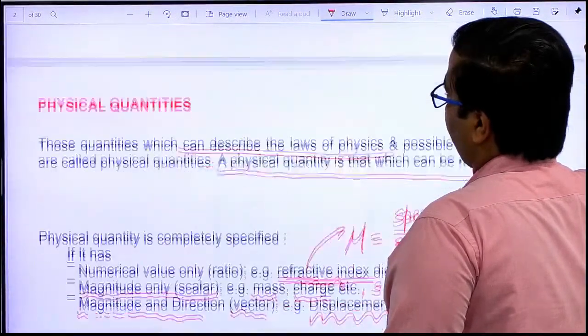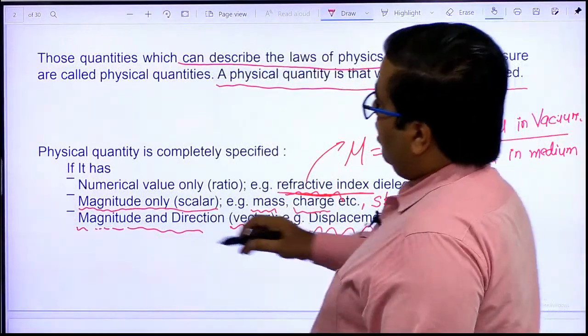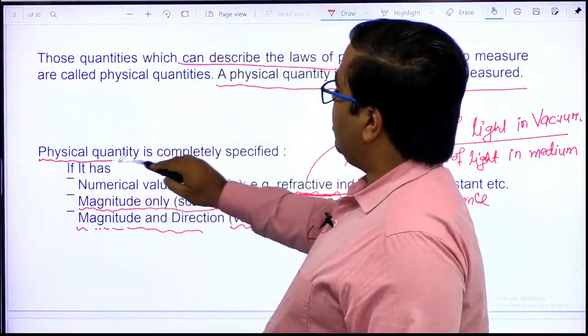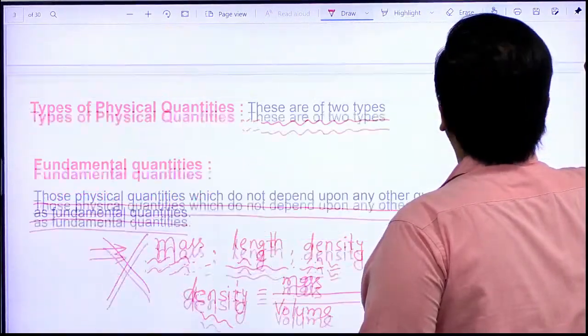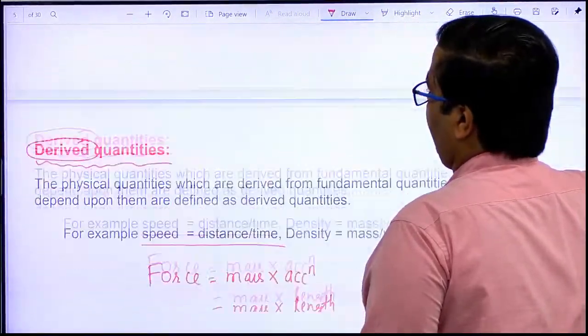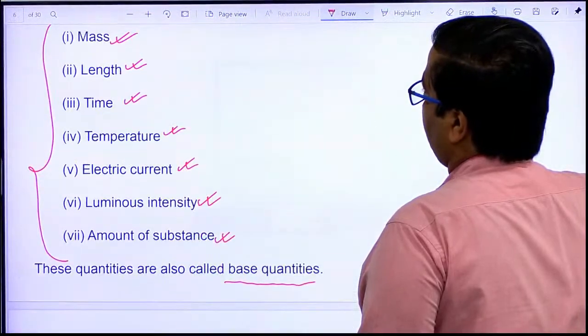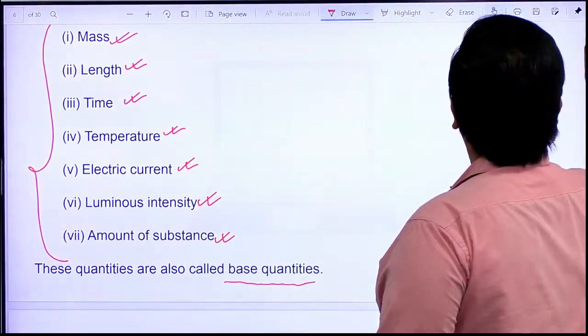Initially I told you that physical quantities are of this type, and these are the fundamental quantities.